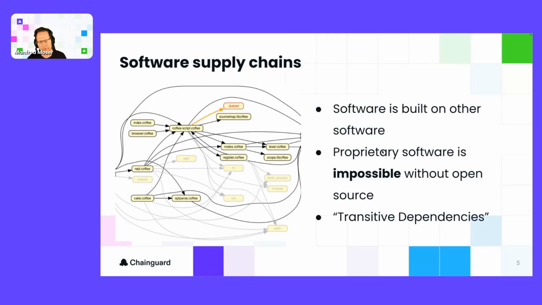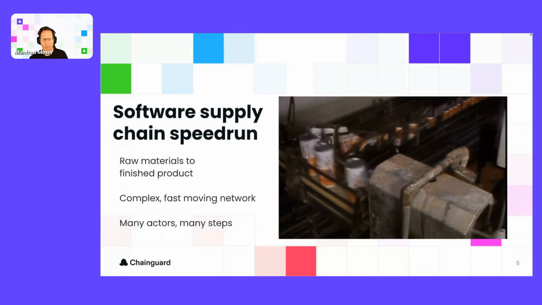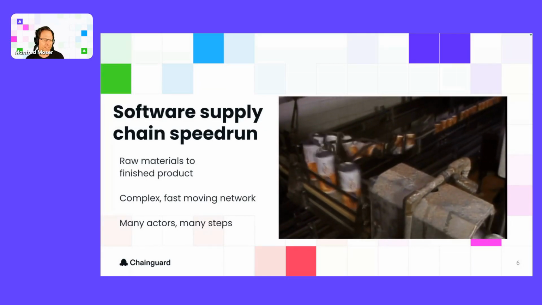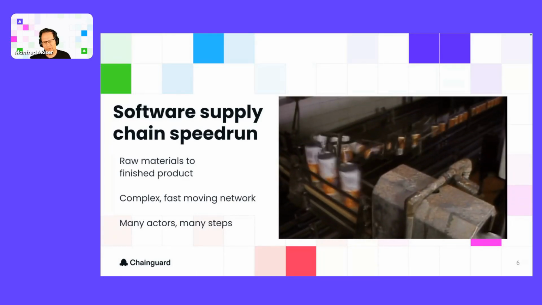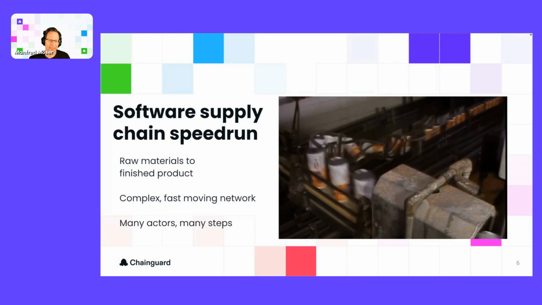And your application is a composition of all of those. So it's a composition of all of those raw materials that come through the software supply chain to you and make your application. But that software supply chain is a very fast moving network, right? There are new releases from all these open source components all the time.